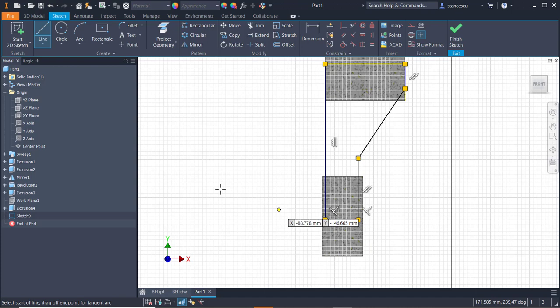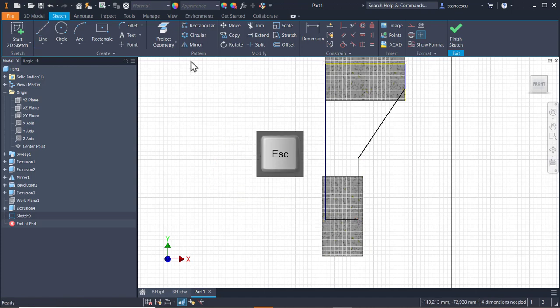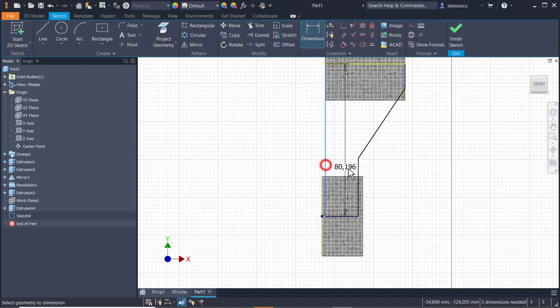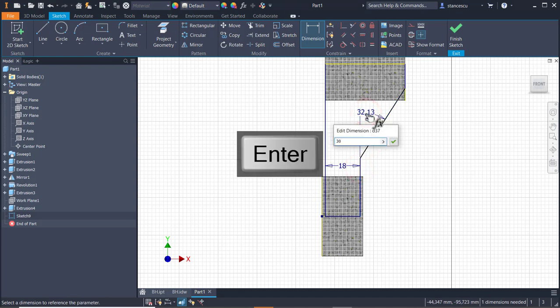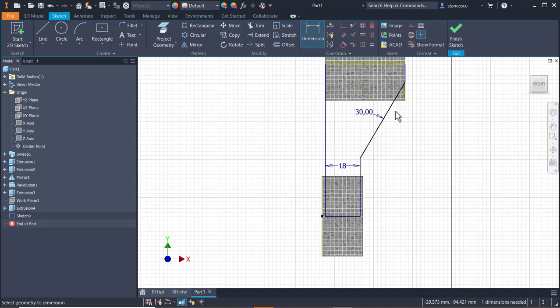Where is placed this line? This line is placed, if I project geometry, we have a point, a center point here to be contained by this line. Now is okay. Dimensions 18, 30 degrees, and a point here at 7.